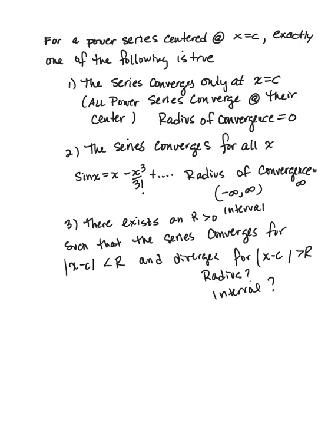So you can see that this is going to be the most interesting scenario. Just remember, in the first one the radius was equal to 0. In the second one, the radius was equal to infinity. And in the third one, your interval is going to be c minus r, your center minus this value, to c plus r, your center plus this value, and it could exclude the endpoints or include them.